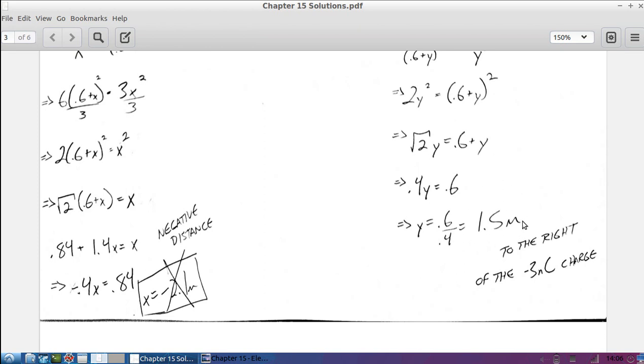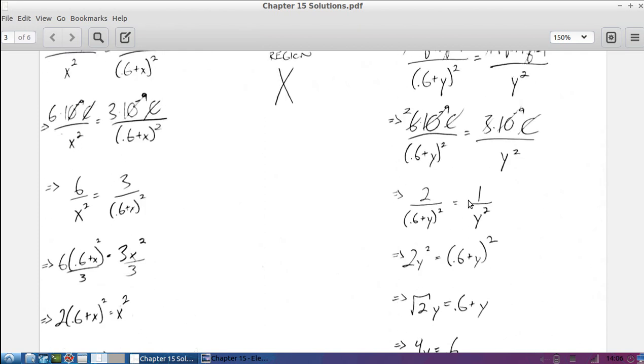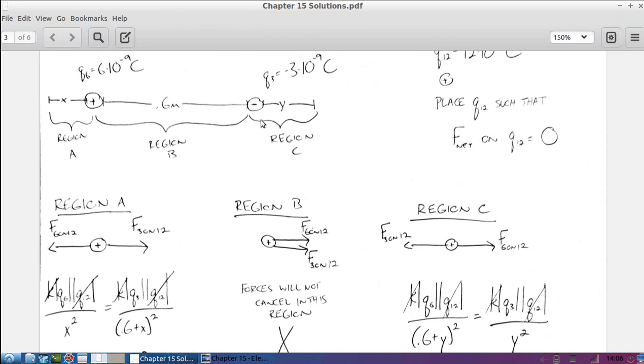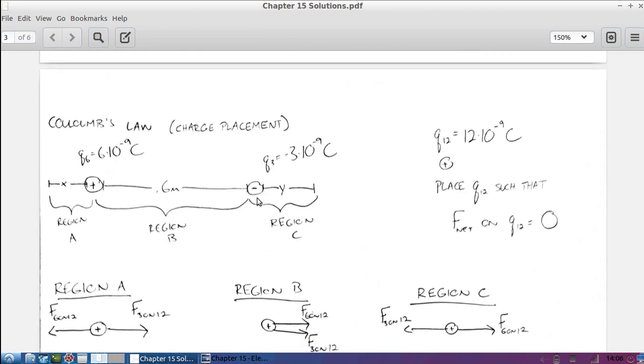So the only place that this 12 nanocoulomb charge can be is 1.5 meters to the right of the 3 nanocoulomb charge. Now region C makes sense because you're closer to the 3 nanocoulomb charge, which is smaller than the 6 nanocoulomb charge. So even though the 6 charge is greater, you're closer to the 3.